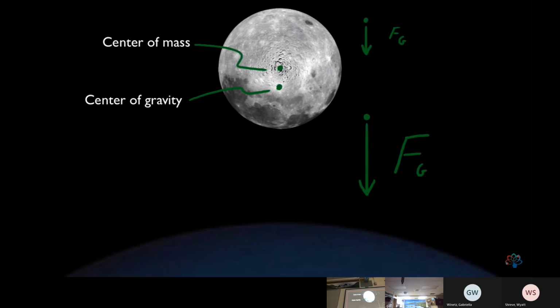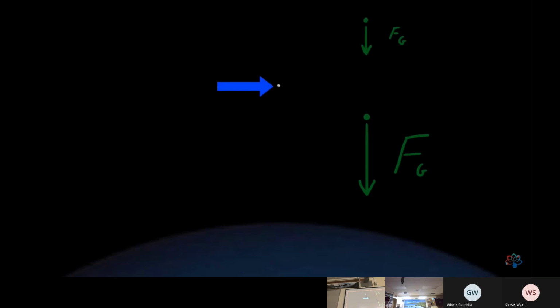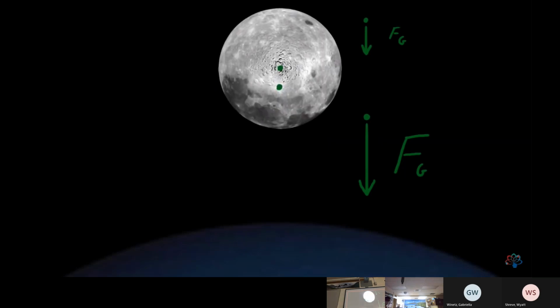Center of gravity? Huh? The moon's center of gravity is the point upon which all of Earth's gravity appears to act. You could scrunch the moon to a single point, and gravitationally speaking, there'd be no difference. If Earth's gravity acted uniformly across the moon, the center of gravity would be the same as the moon's center of mass, which is the average point of the mass of all the atoms within the moon.